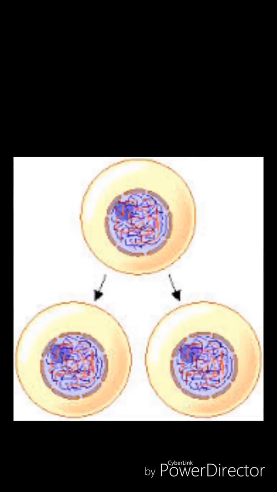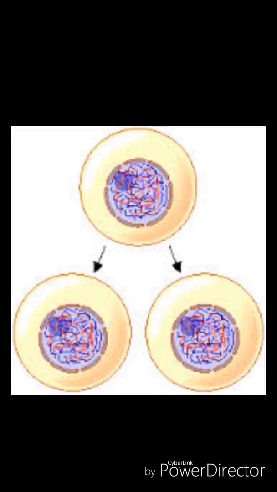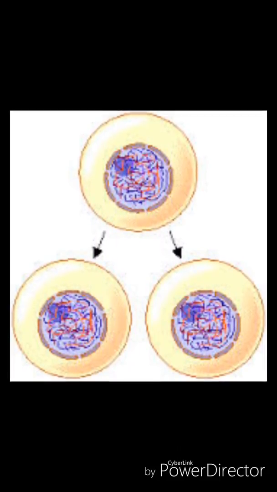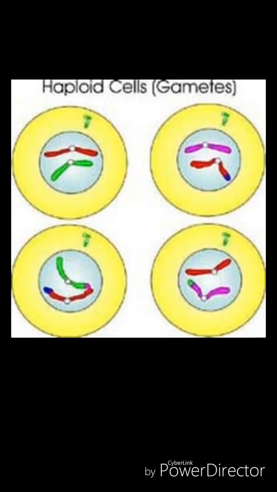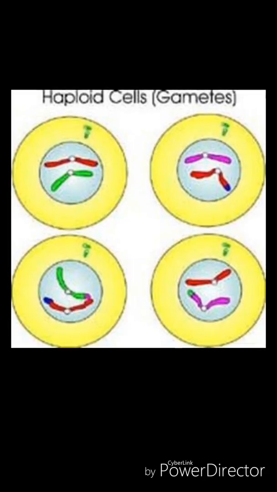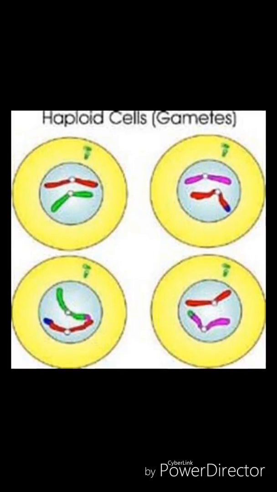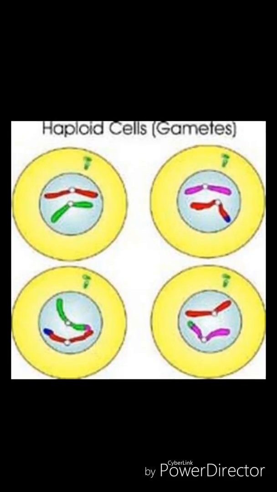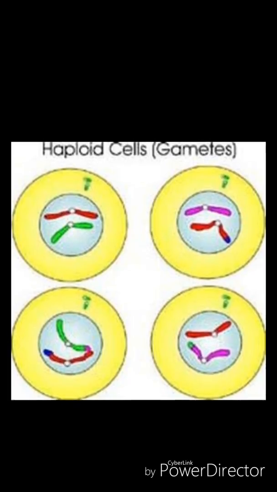One of the key differences is that in mitosis, a single cell divides into two cells that are replicates of each other and have the same number of chromosomes. In meiosis, a cell divides into two cells that have half the number of chromosomes. Reducing the number of chromosomes by half is important for sexual reproduction and provides for genetic diversity.